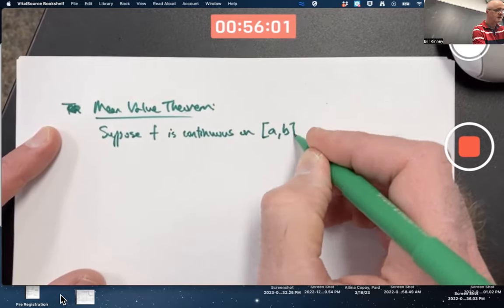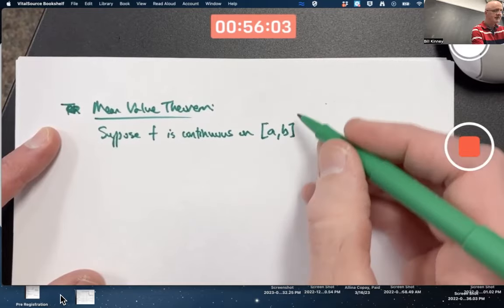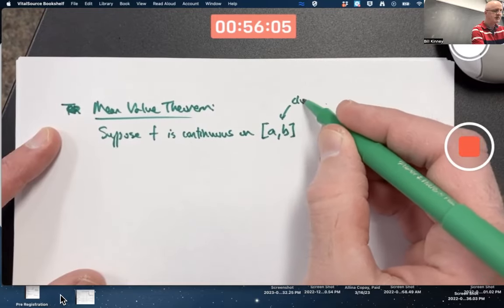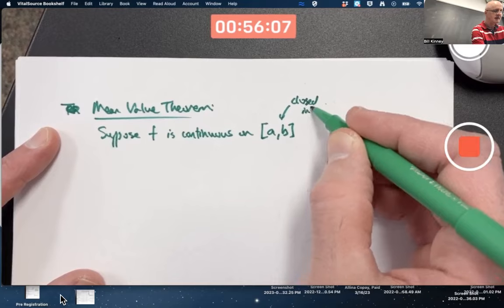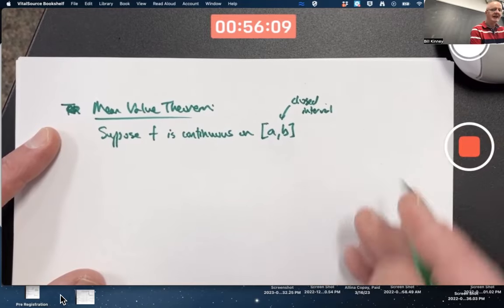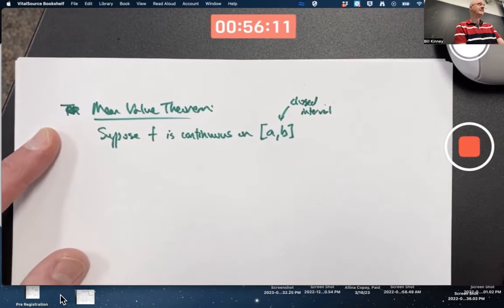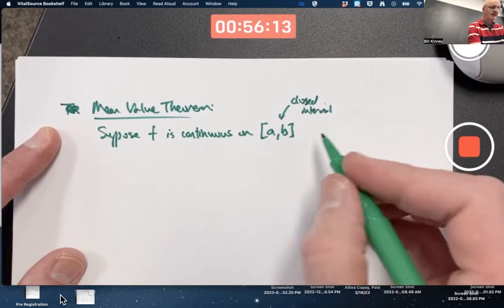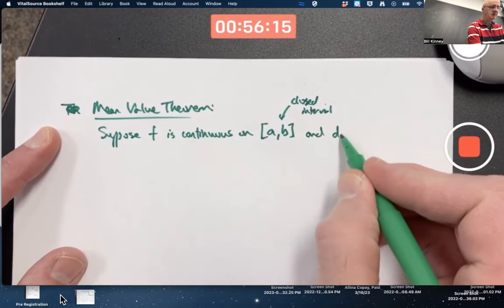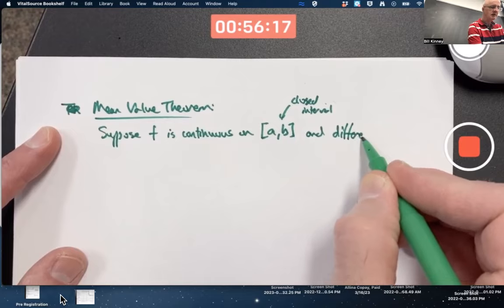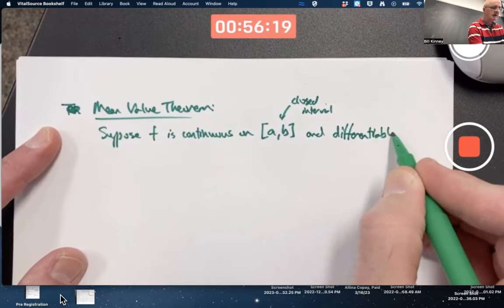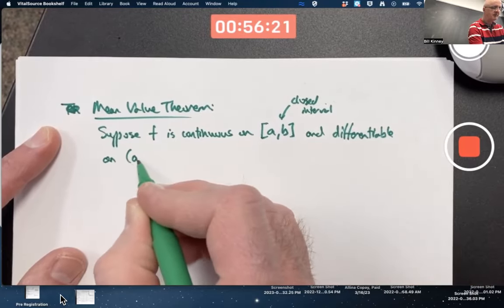I've used this notation at least once before. That's the closed interval from A to B. It's the set of numbers between A and B, including the endpoints, and differentiable on the open interval from A to B.